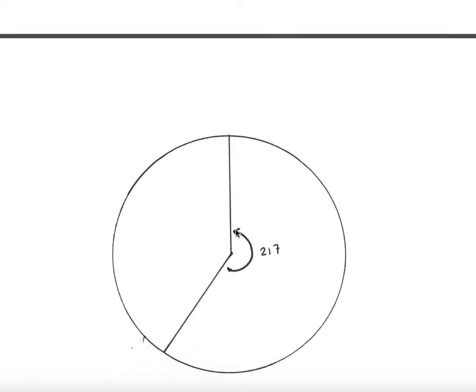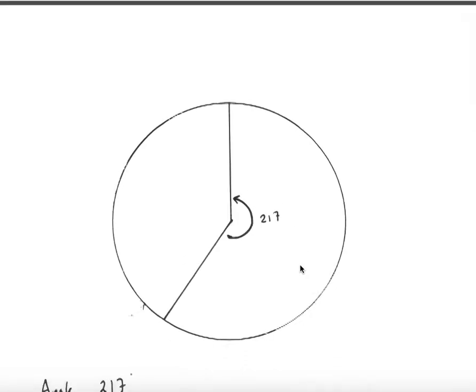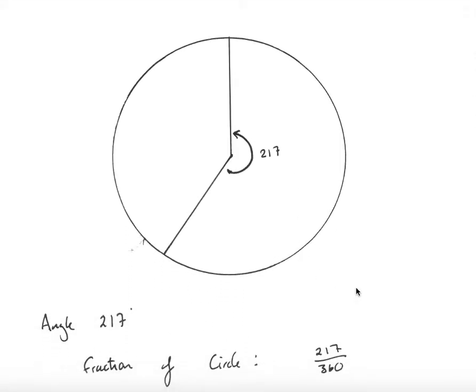What about if I'm dealing with an unpleasant number? 217 doesn't cancel as easily as 120 did, but the principle is the same. I've got 217 out of 360 degrees. So I've got 217 360ths of the circle. That's my fraction.